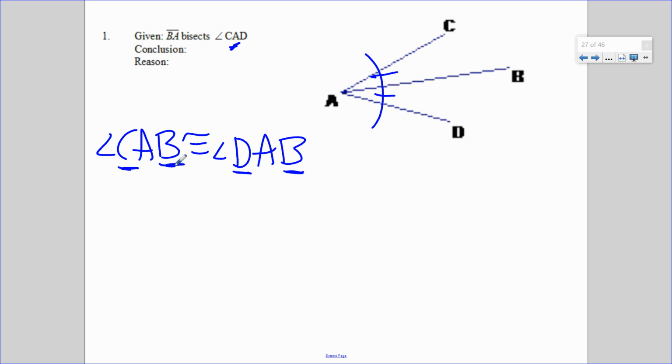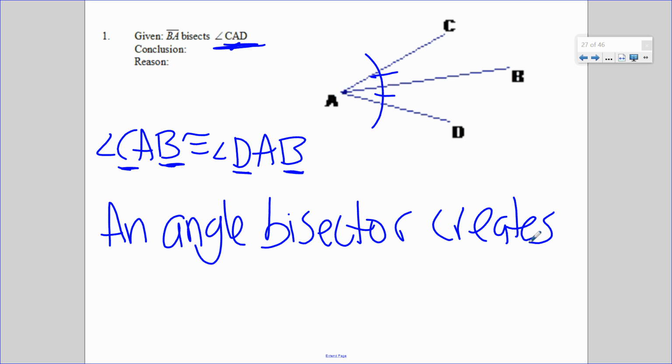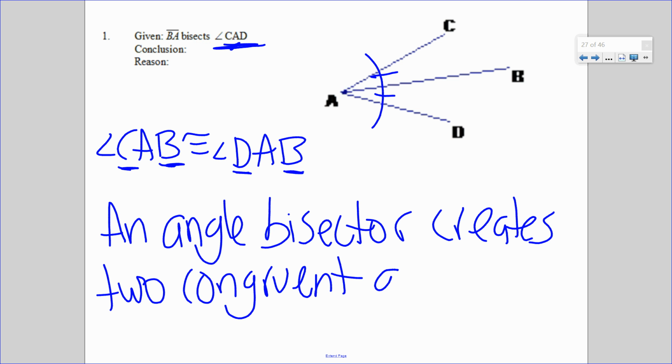My reason, well, since an angle was being bisected, it's an angle bisector, and an angle bisector creates two congruent angles.